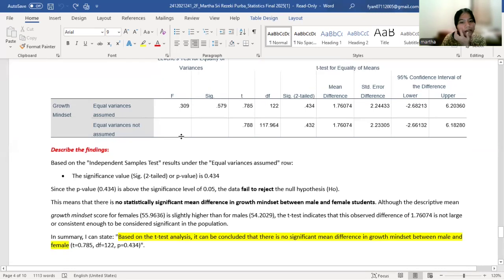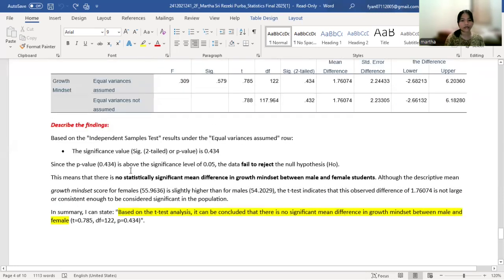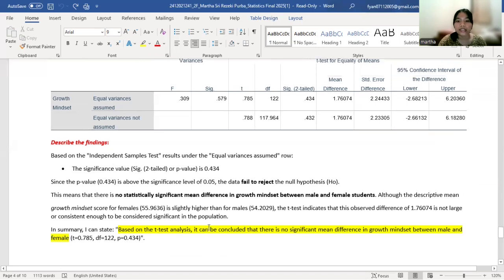Okay, so this is the analysis. Based on the independent samples t-test, results under the equal variances assumed row, this is what I mean, equal variances assumed, because the data is equal, so we need to look at the equal variances assumed.